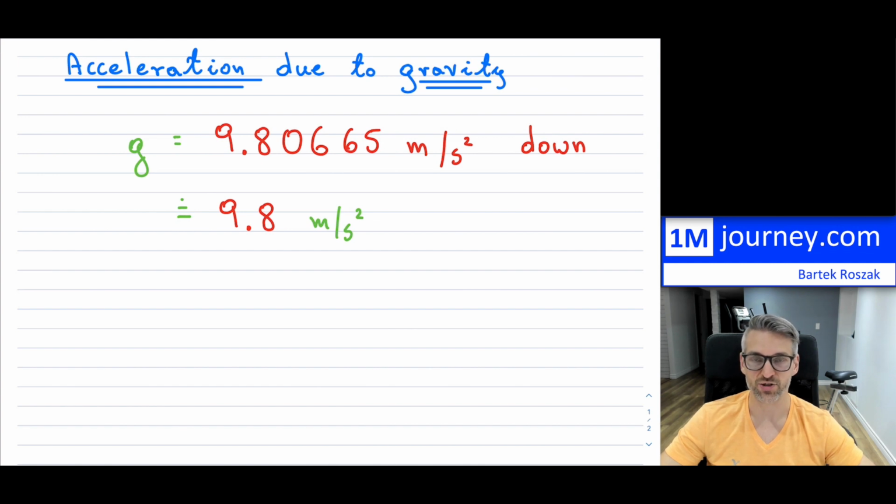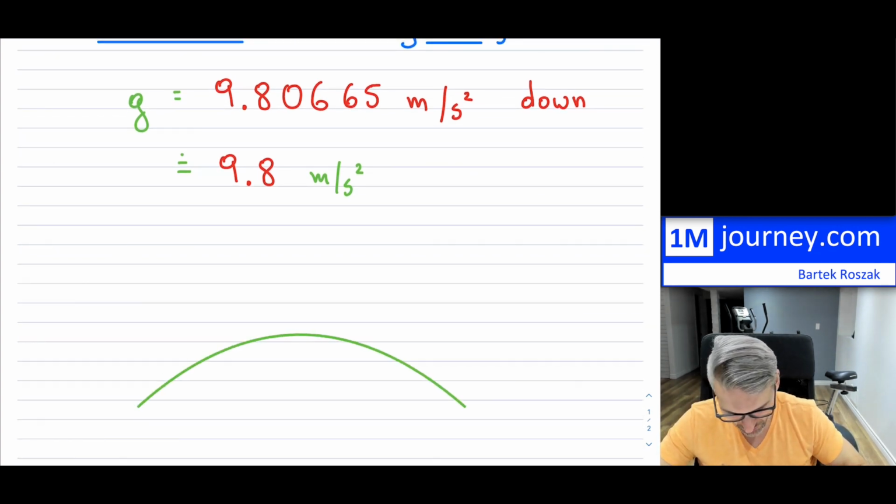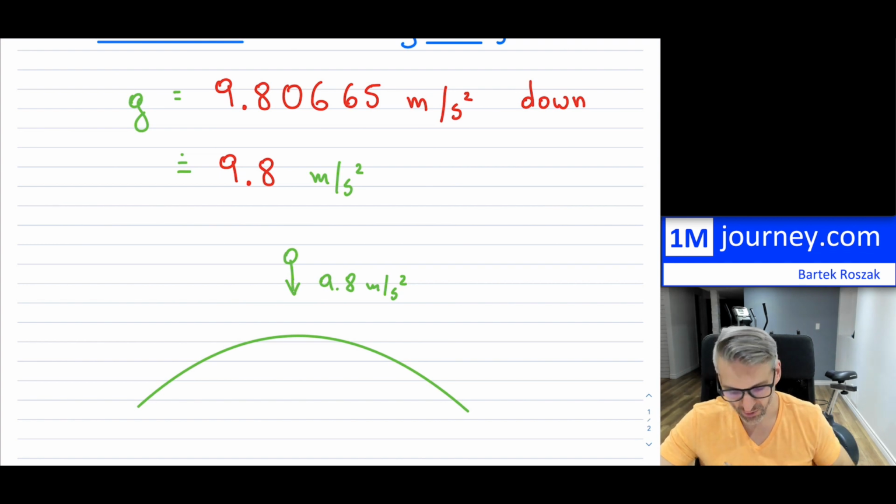So this particular acceleration, as I say, means down. So if this is the Earth's surface, any object that you have in here is going to get pulled down. So notice it's a vector, and it's going to be down at 9.8 meters per second squared. So that's what we mean.